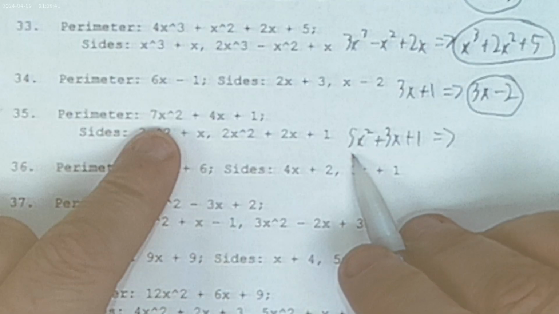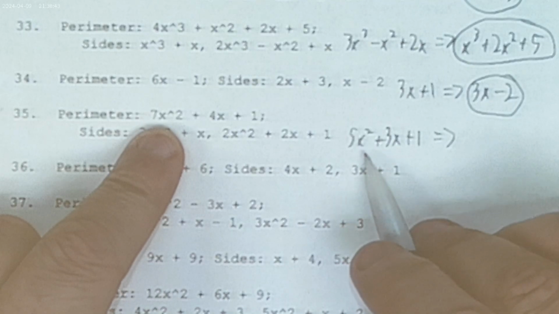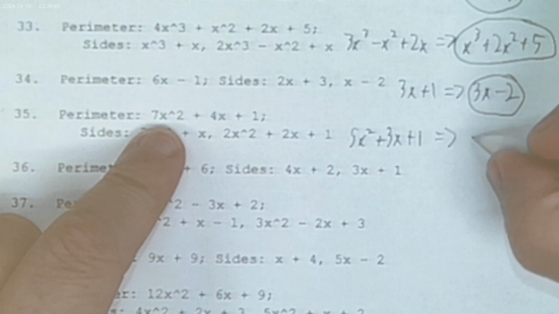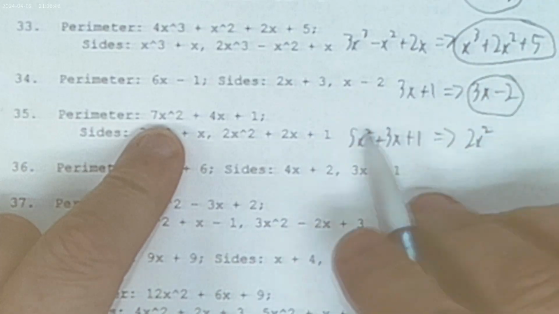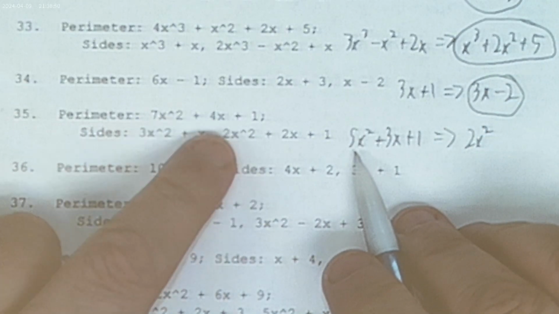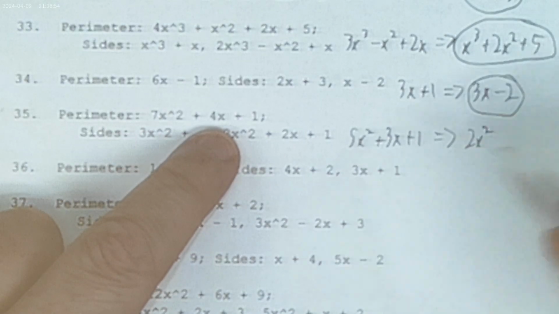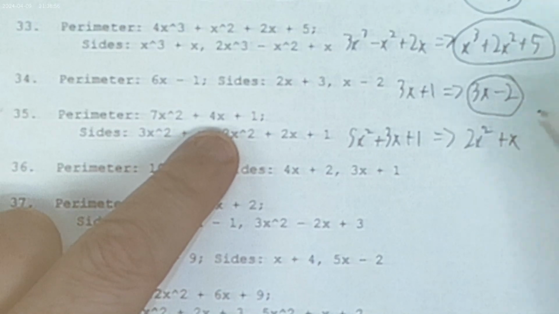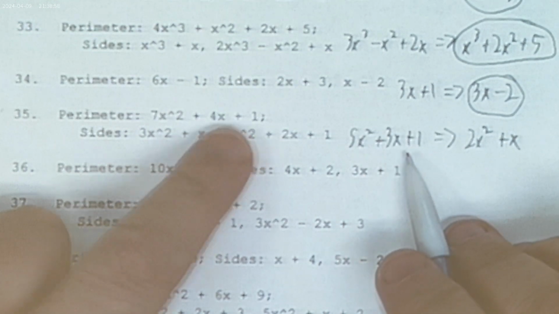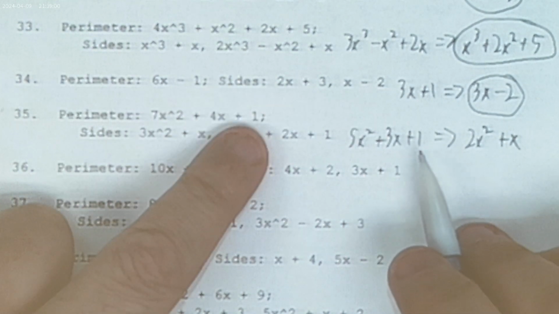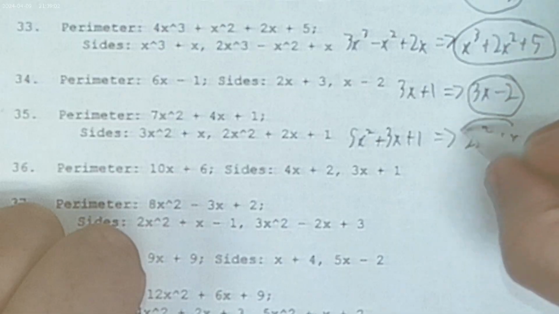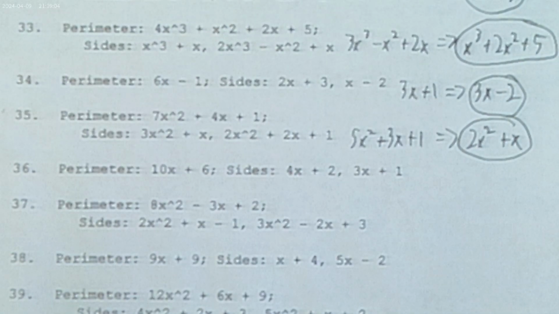So I've got 7x squared on the perimeter, but only 5x squared here, so I've got to add 2x squared. Then I've got 4x on the perimeter, but only 3x here. No problem. And then I've got 1 and 1, so that's perfectly fine. That doesn't need to change. And there we are.